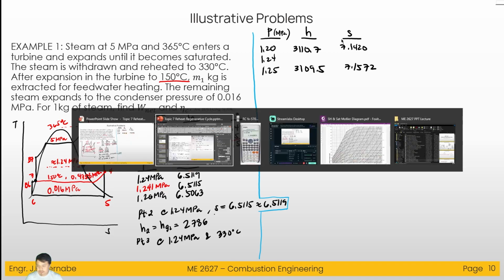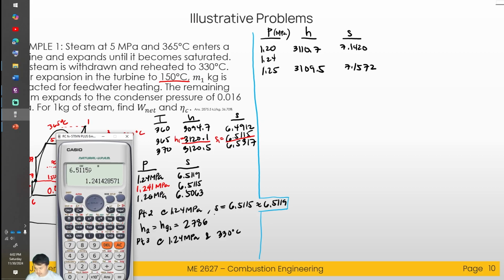So on your calculators, let's solve for this again. Let's put the values 1.20 and 1.25, the enthalpies first: 3110.7 and 3109.5.